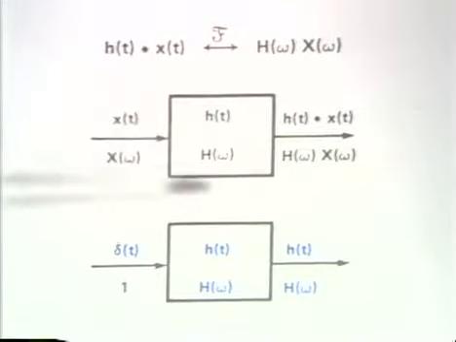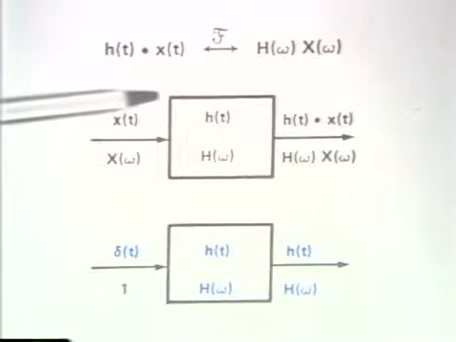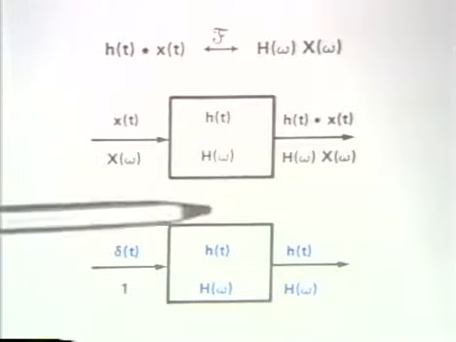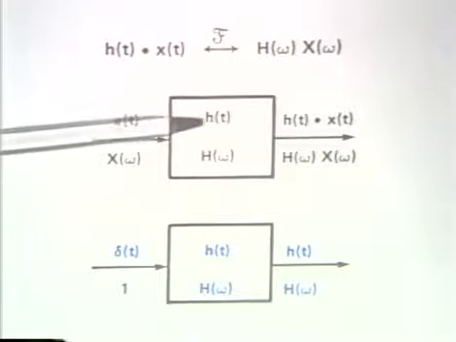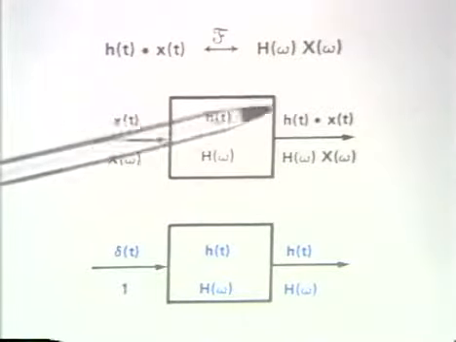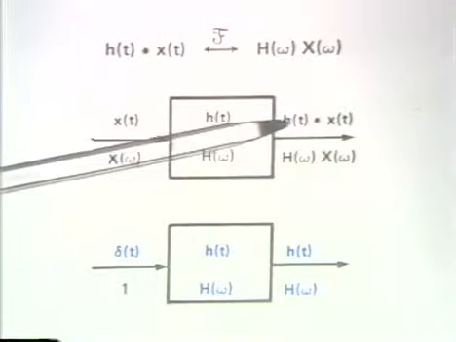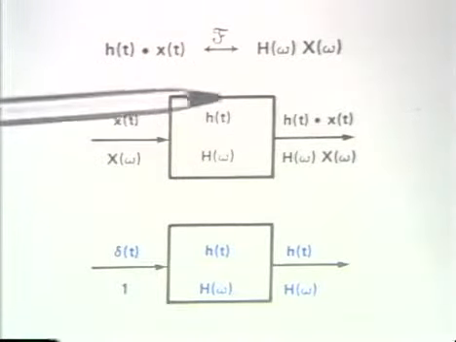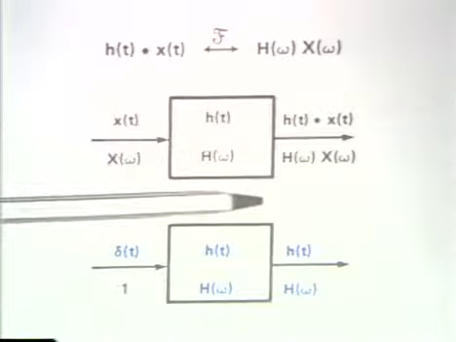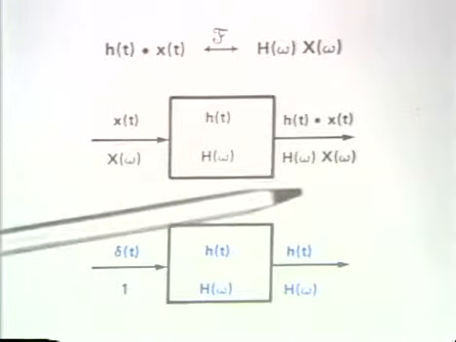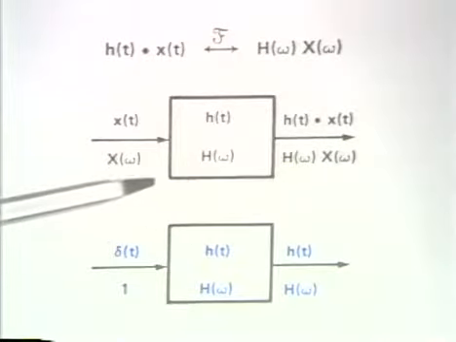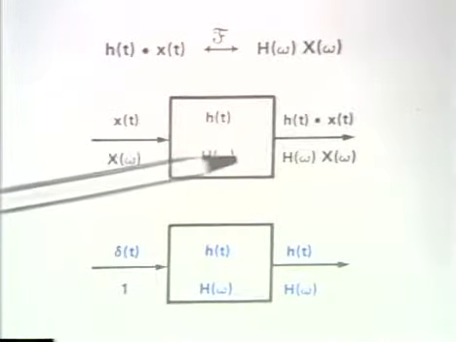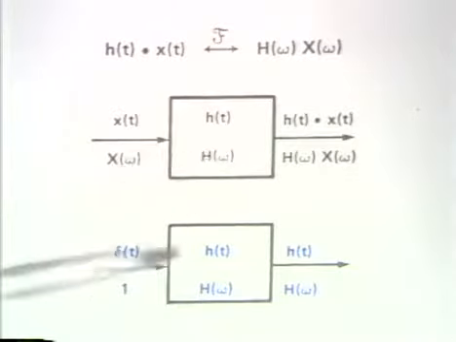So it says, for example, that if I have a linear time invariant system and I have an input x of t, an impulse response h of t, and the output, of course, being the convolution, then if I look at this in the frequency domain, the Fourier transform of the output is the Fourier transform of the input times the Fourier transform of the impulse response.